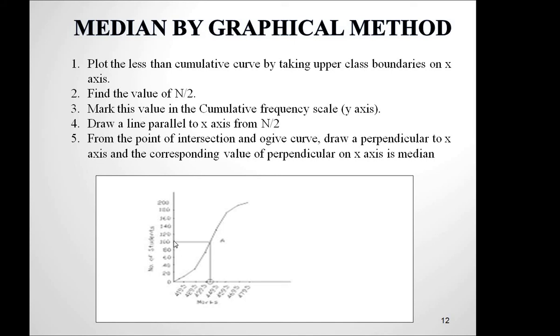From this n by 2, draw a line parallel to the x-axis. This line intersects the cumulative frequency curve here. From this point of intersection, draw a perpendicular on the x-axis. This perpendicular's foot value is nothing but the median.